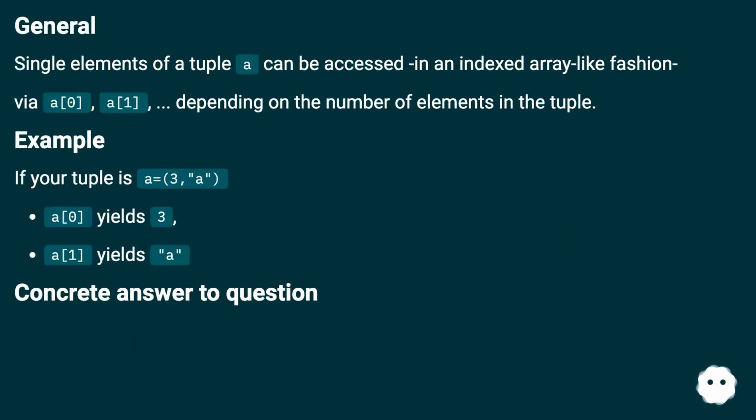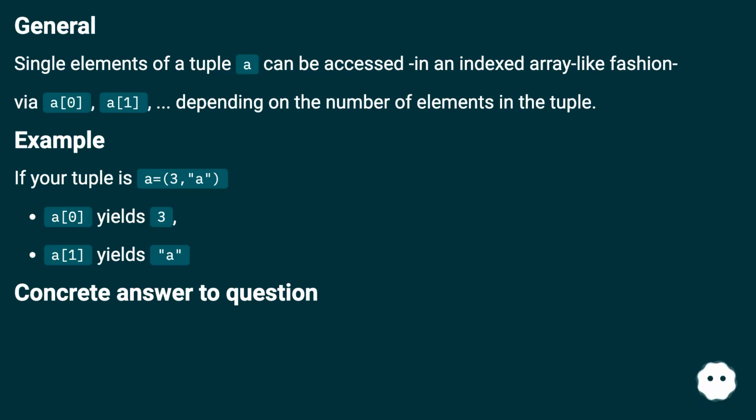General. Single elements of a tuple can be accessed in an indexed array-like fashion via a[0], a[1], depending on the number of elements in the tuple. Example. If your tuple is a = (3, 'A'), a[0] yields 3, a[1] yields 'A'.